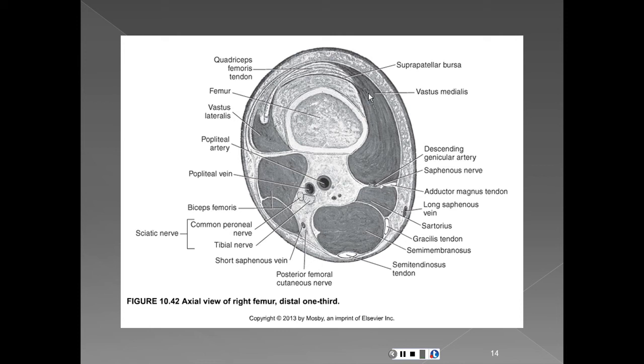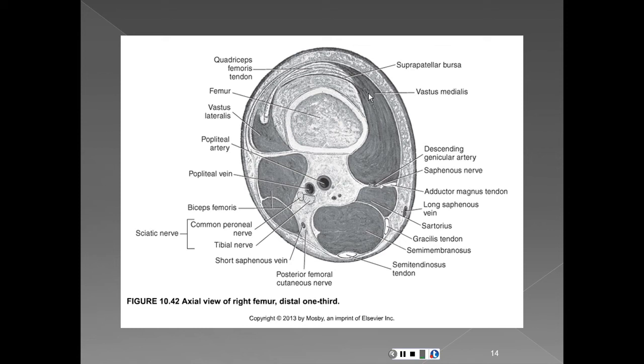The muscles are on page 672. The muscles in the anterior compartment of the thigh act both to flex the hip joint and extend the knee joint. So the muscles in the front part of the thigh, if you tap on it, are used to flex the hip, bring the hip closer to the body, up to the chest, and are used to extend the knee, straighten out the leg.